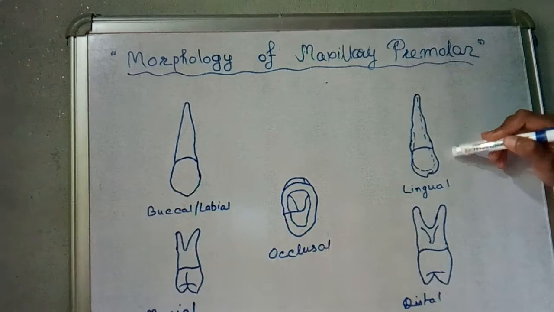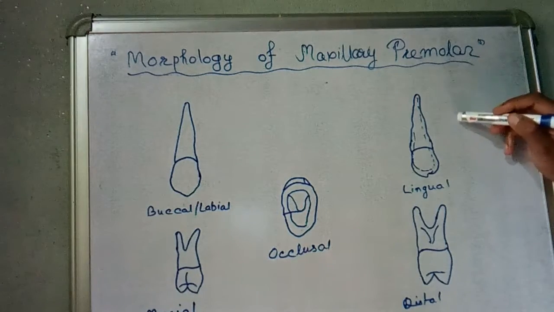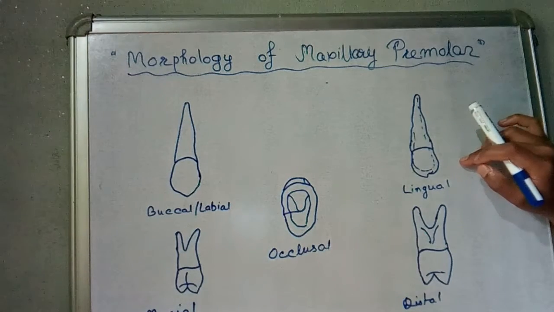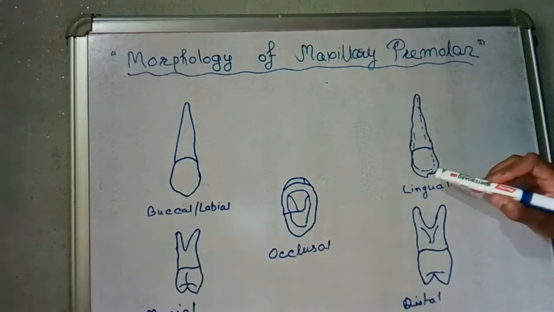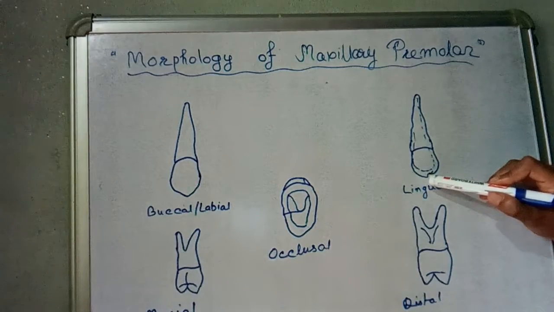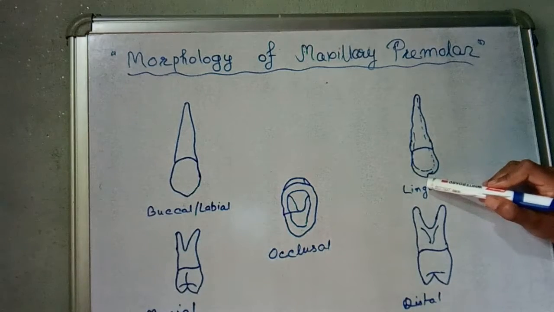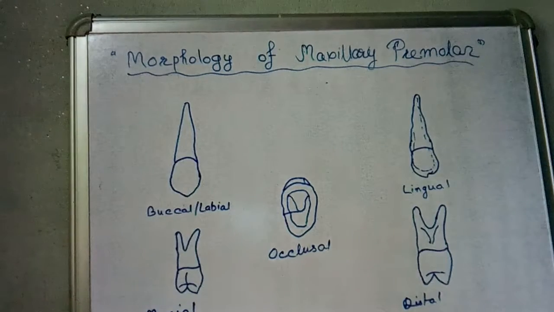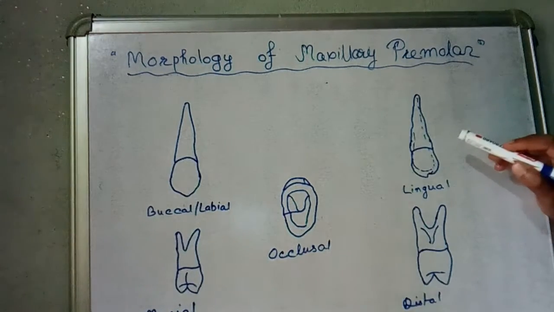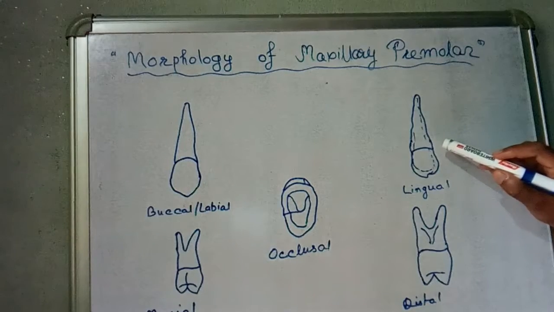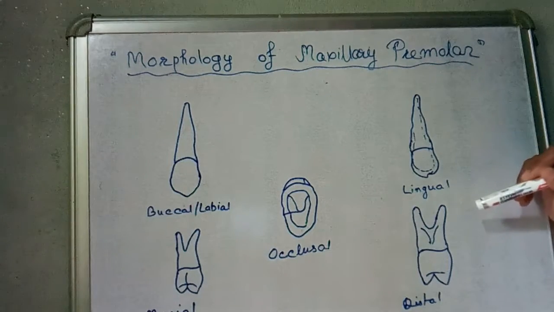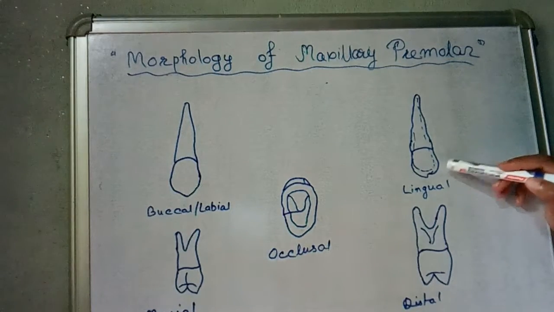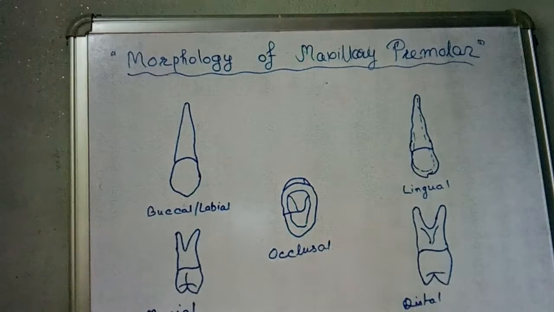The lingual cusp is smooth and spheroidal, and the cusp tip is pointed, with the mesial and distal slopes meeting at an angle of about 90 degrees. The spheroidal form of the lingual portion of the crown is convex at all points, and the cervical line is usually regular.